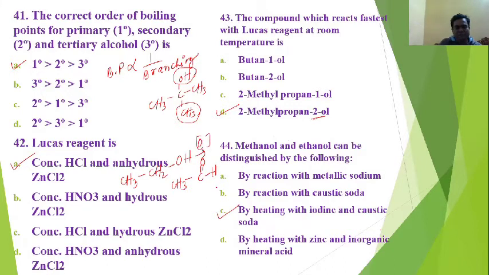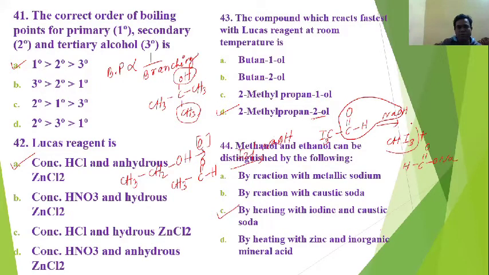Then acetaldehyde undergoes the iodoform reaction with I2 and NaOH. First there is replacement of 3 hydrogens, and after that we get CHI3, iodoform, plus HCOONa, sodium formate. Iodoform is a yellow precipitate.